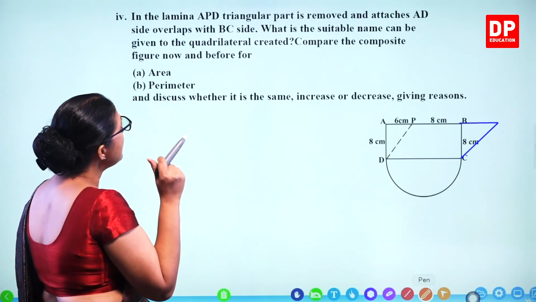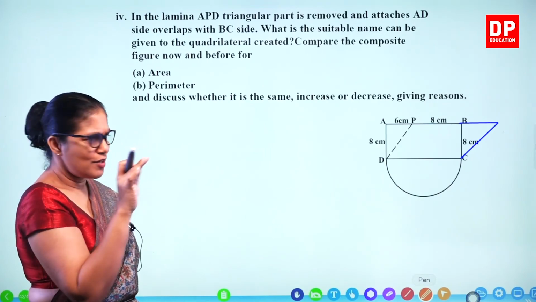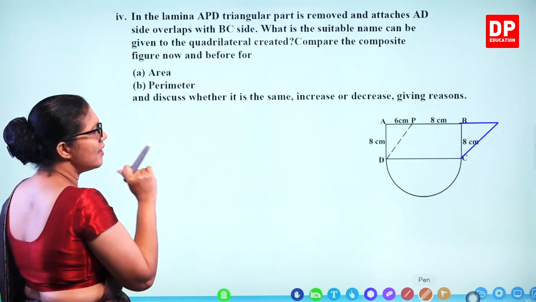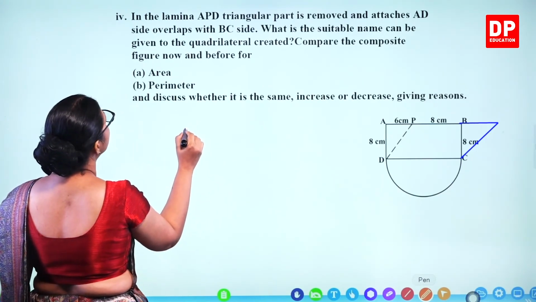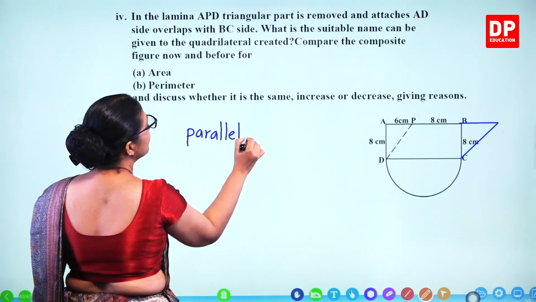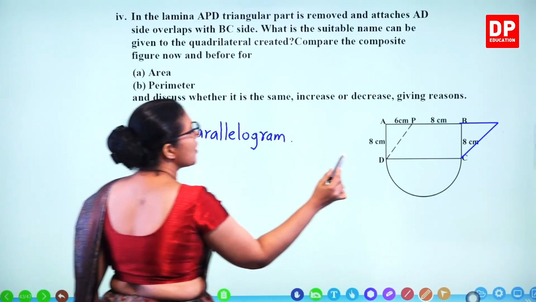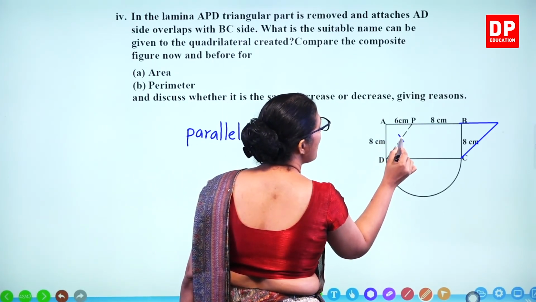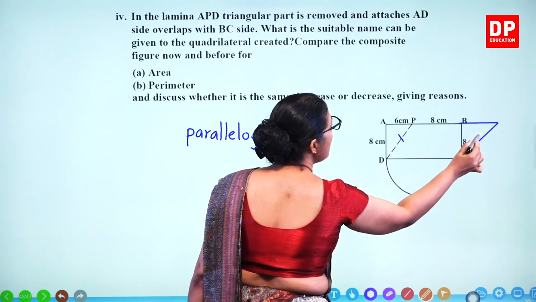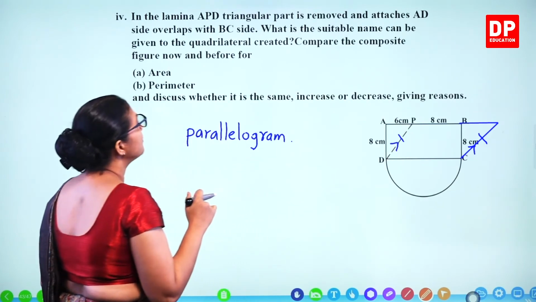What is the suitable name that can be given to the quadrilateral created? So what can you say? That's the parallelogram. Because we are taking this one and this one same length and parallel. So that's a parallelogram.